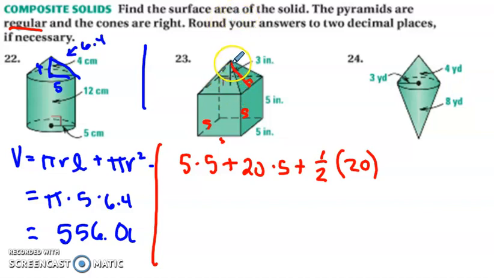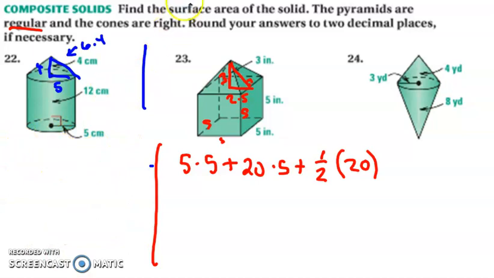So let's go ahead and do another quick Pythagorean theorem right here. We're going to take that 5, cut it in half and get 2.5. We know that the height is 3, that's given, so we're going to calculate the slant height, which is really what we need. So I'm going to say 2.5, which I got from cutting my side length in half, squared, plus 3 squared, which was given, equals c squared.